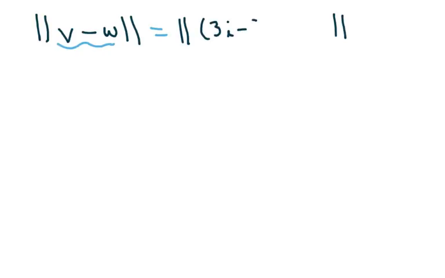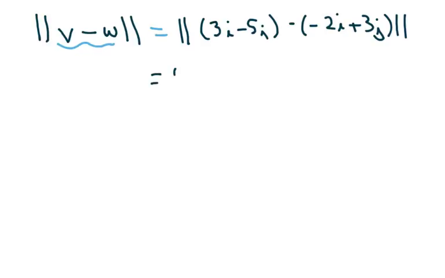So we'll take the magnitude of v minus w. The first thing we want to do is subtract those. So when we subtract those two, we're going to get 3i minus 5j minus a negative 2i plus 3j.